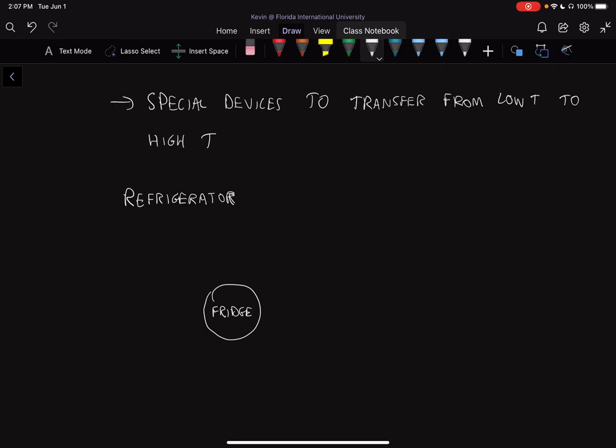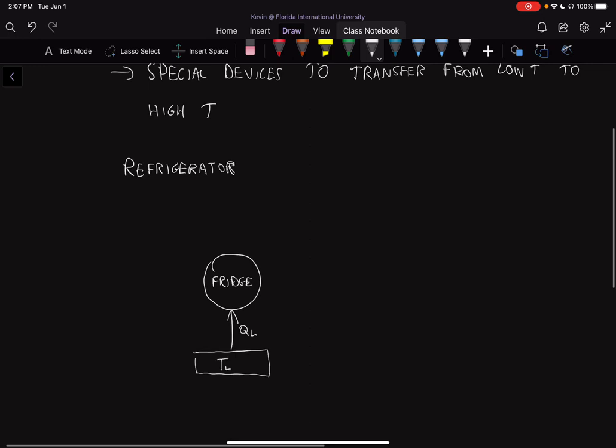Essentially what we're doing is taking heat from a cold reservoir at temperature TL and moving it to a warm reservoir at temperature TH. This is QH. And we do this by putting some net work in. So our work is in now, it's not out.